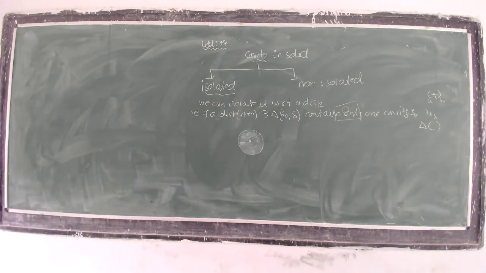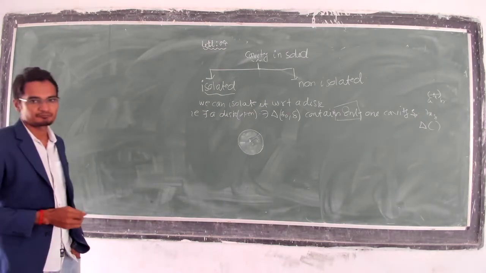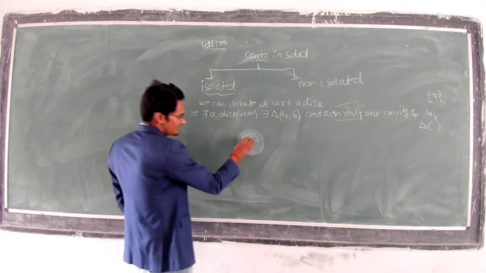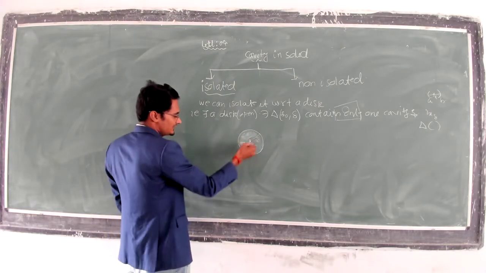Cavity means it is a puncture in solid. So the puncture is at one point only. So this is the puncture at Z0 only. So this is a disk.